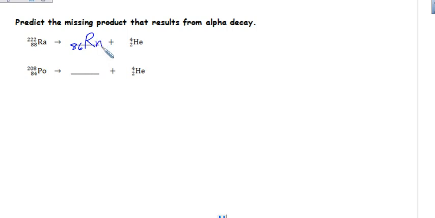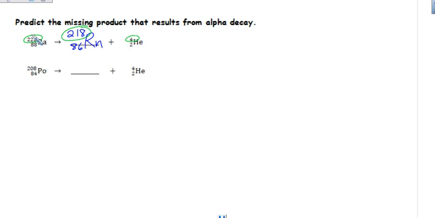Now again, there are many different isotopes of radon that could exist. This particular isotope would have a mass of 218 because 218 plus 4 should equal 222.